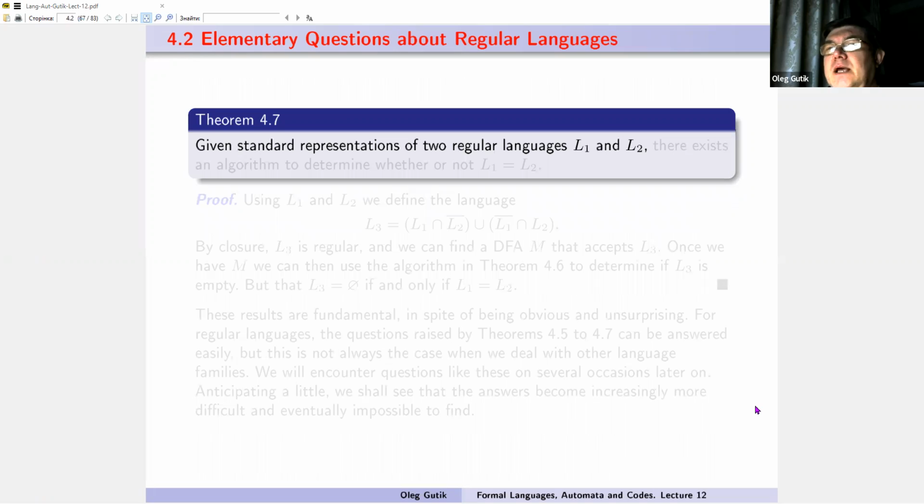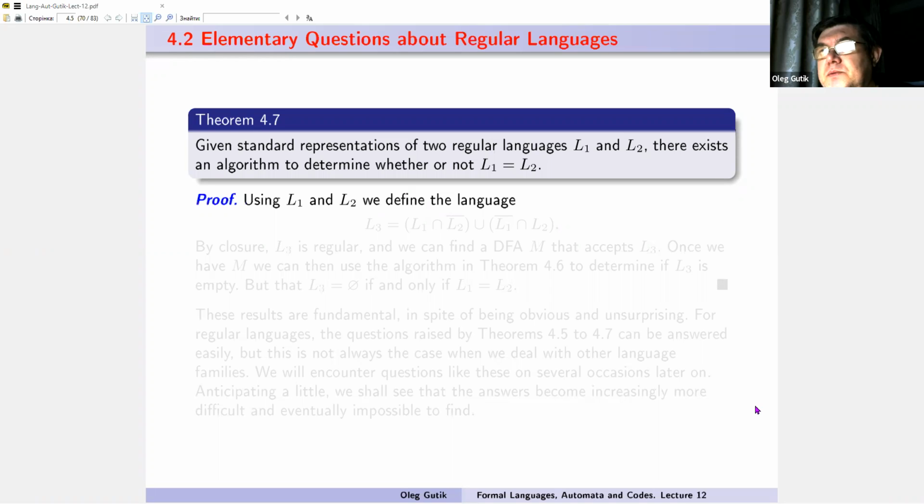Theorem. Given standard representations of two regular languages, L1 and L2, there exists an algorithm to determine whether or not L1 is equal to L2. The proof.